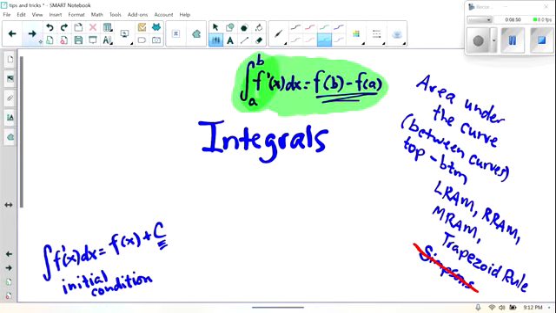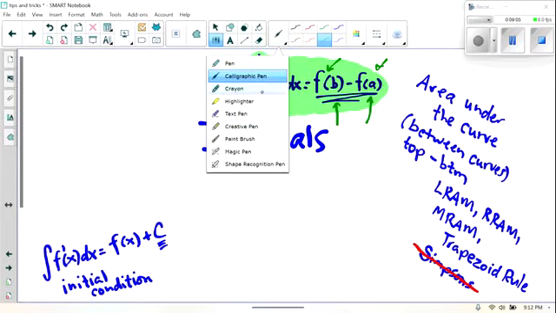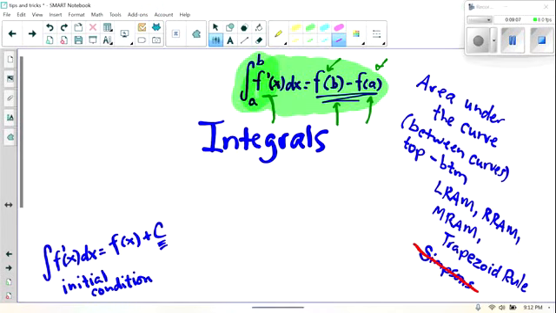If they do give us bounds, the rate that I integrate brings me back to the original equation with the upper bound in it minus the lower bound in it. I guarantee at some point on your test, they will give you the value of an integral with bounds in it.